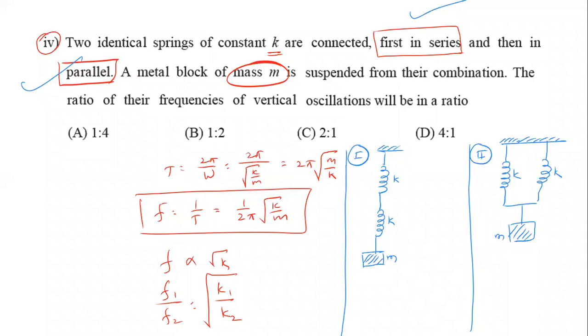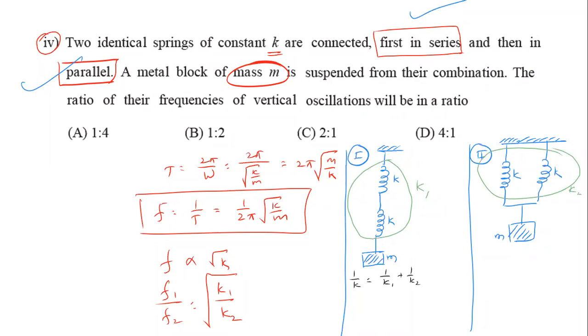Now we can do one thing here. We consider the force constant in this case is K1, and here in this case the total force constant is K2. And then we have to substitute K1 and K2 in this formula. Now let me explain how we get it. When two springs are in series, the force constant is given by the formula 1 by K is equal to 1 by K1 plus 1 by K2.